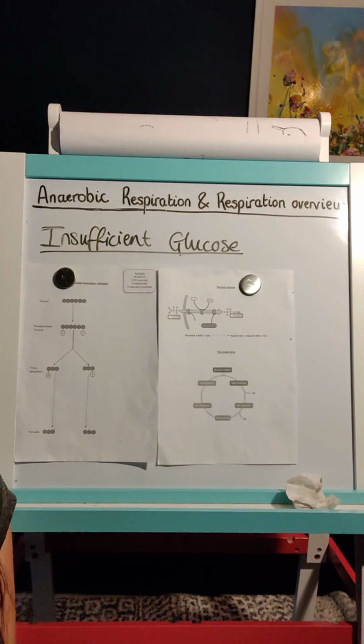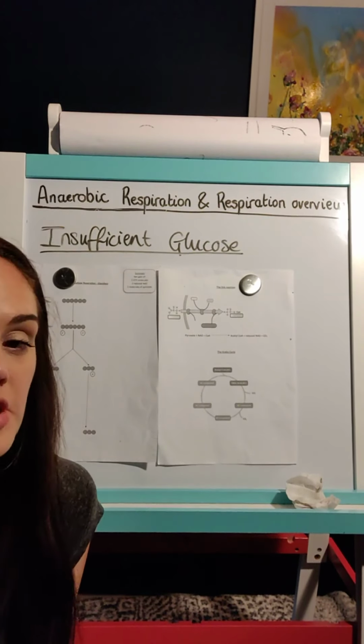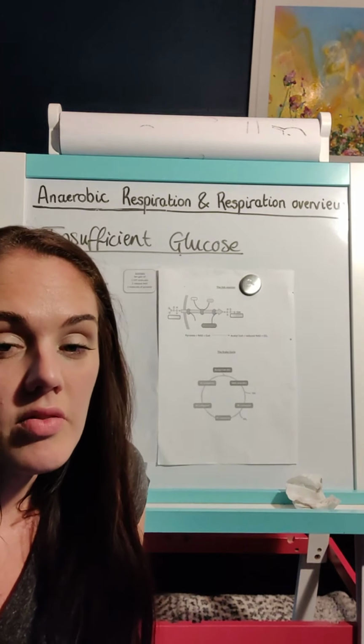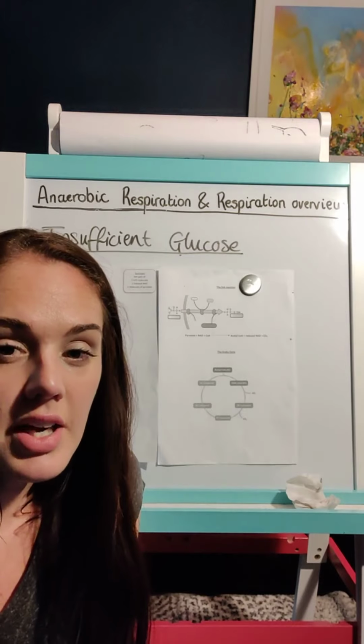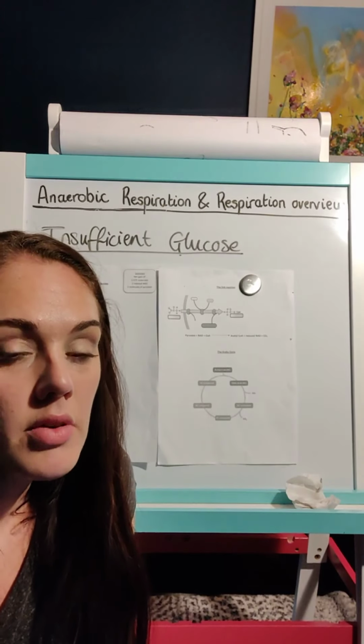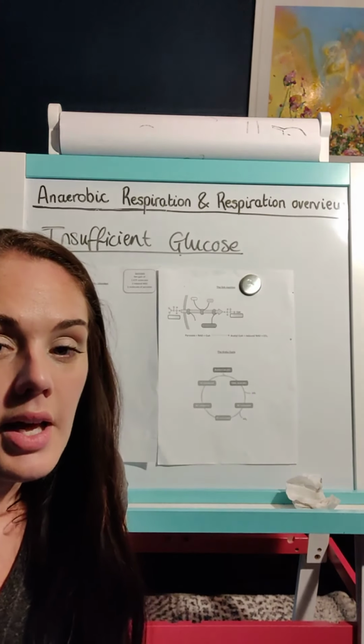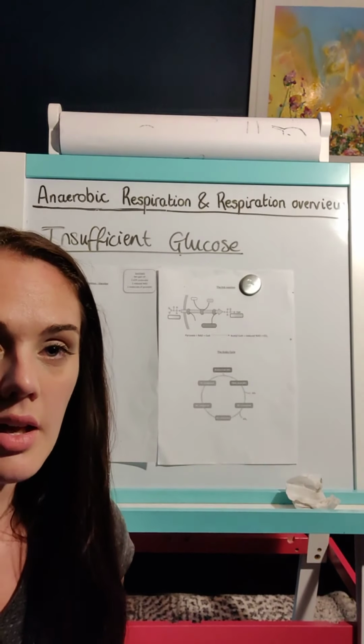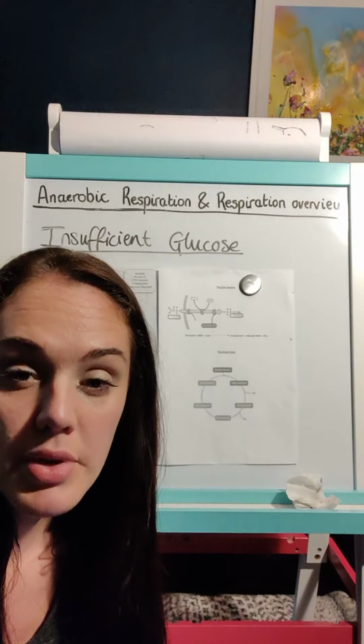So the fact that we have a reaction taking place here, and there's going to be something that affects the rate of reaction. So the things that affect the rate of reaction here will be the amount of oxygen available, the amount of glucose that's available, the temperature.